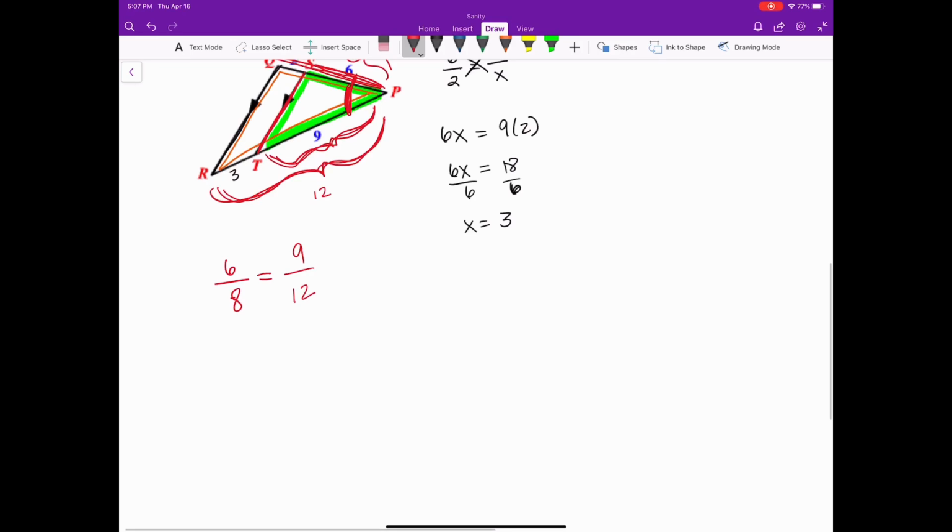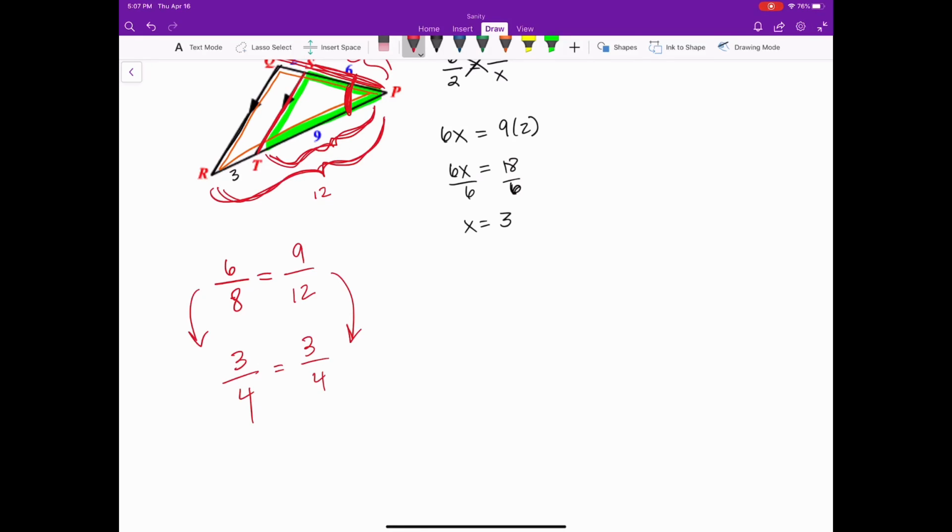Is that going to be the same? If we simplify this down, you get a ratio of 3/4.